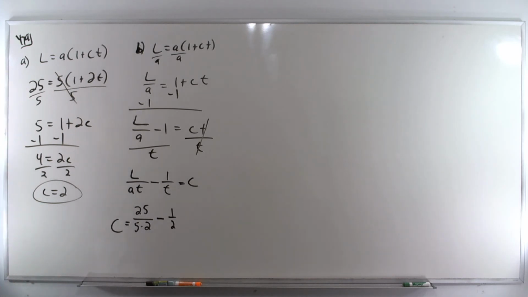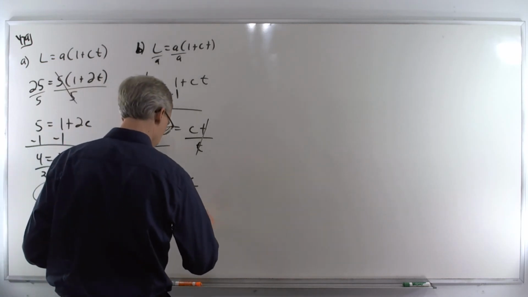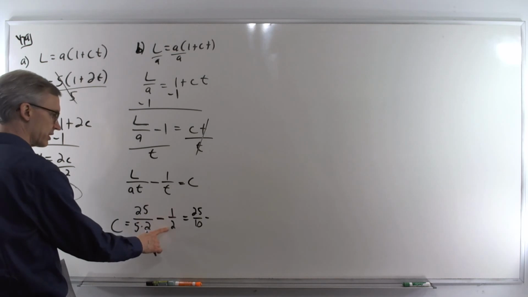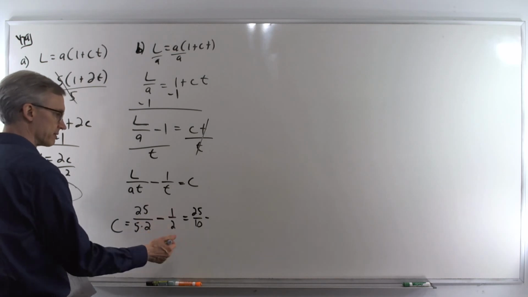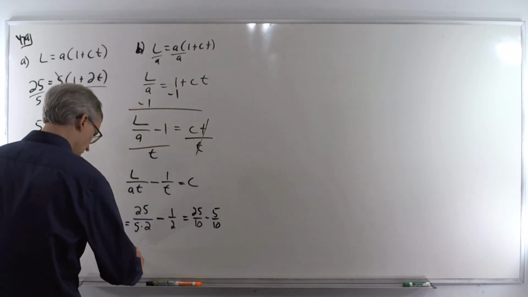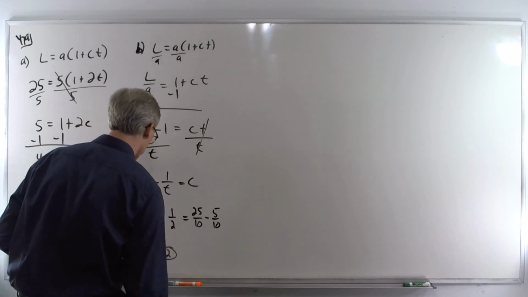So what do we get on the left? We get 25 over 10. And to make the subtraction easy, I'm just going to write this fraction as over 10. So 1/2 is the same as 5 over 10. So that gives us 20 over 10, which is 2.